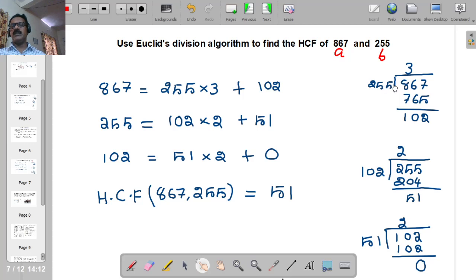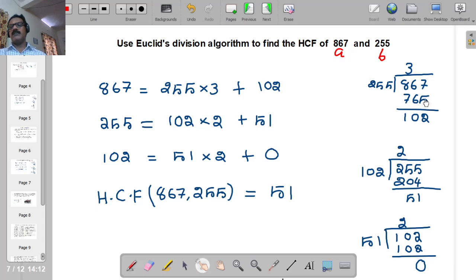So 255 times 3 is equal to 765. How can we calculate it fast? 255 is split as 250 plus 5, inside brackets, times 3. 250 times 3 is equal to 750. 5 times 3 is equal to 15. 750 plus 15 equals 765.